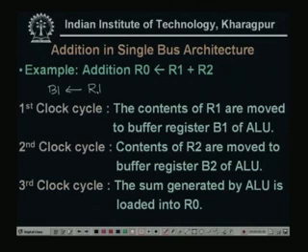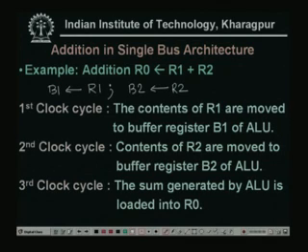In the second clock cycle, it must be separated by semicolon, because it is serial. So, B2 contains R2.